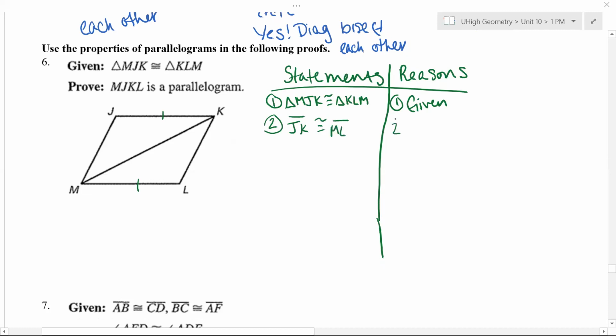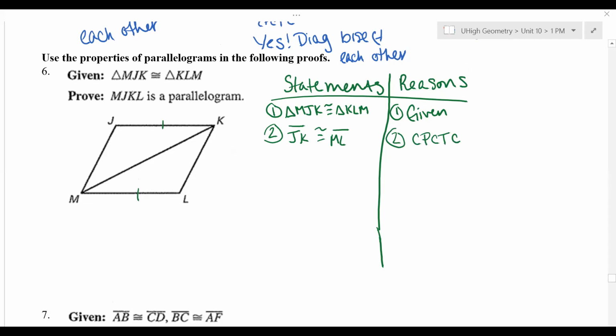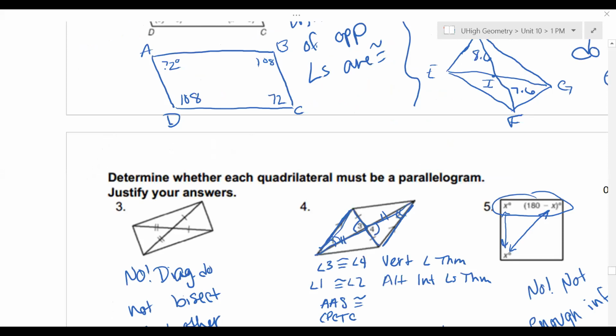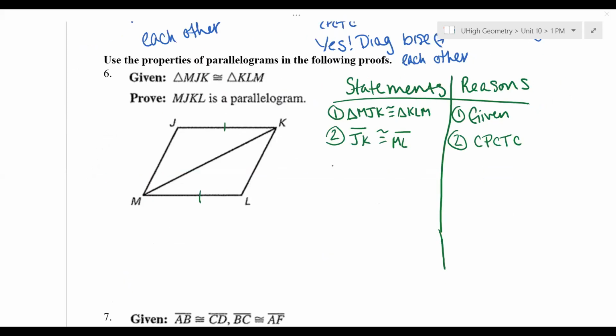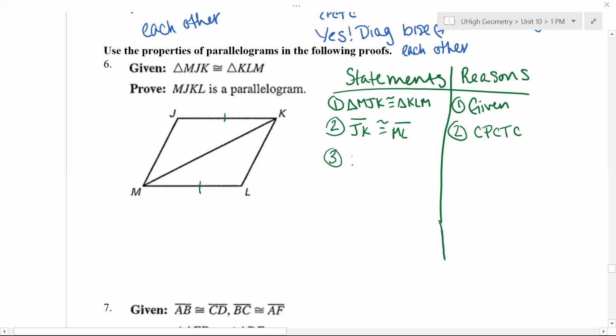And my reason would be CPCTC. I can do the same thing with my other pair of opposite sides. For statement number 3, segment KL is congruent to segment JM, and reason number 3 again is going to be CPCTC.